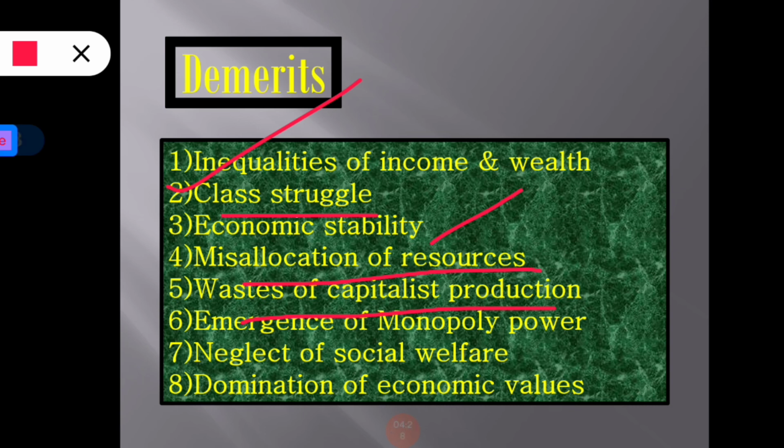It leads to an increase in the cost of production, the burden of which falls on the consumers. Now going to the third one. Consumers also discard many consumer goods, like cars, when new models are manufactured, because of status symbols. So that's why there is waste of capitalist production.